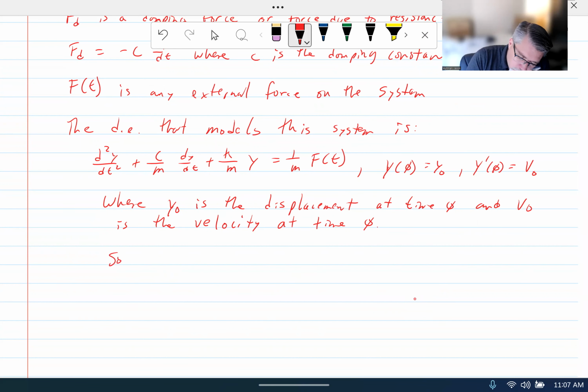Okay, solving this differential equation will yield two constants, C1 and C2.